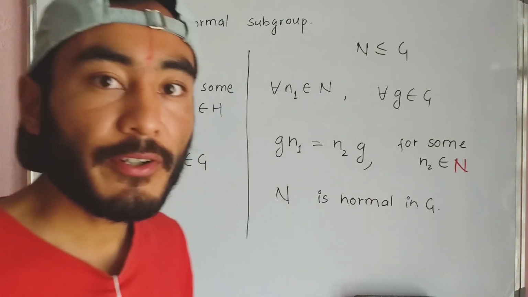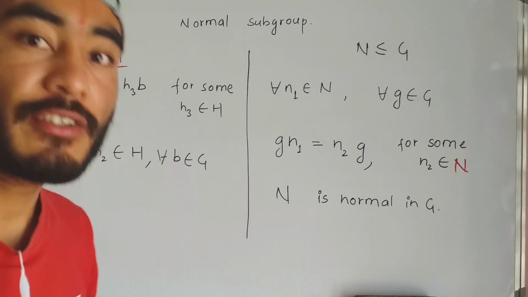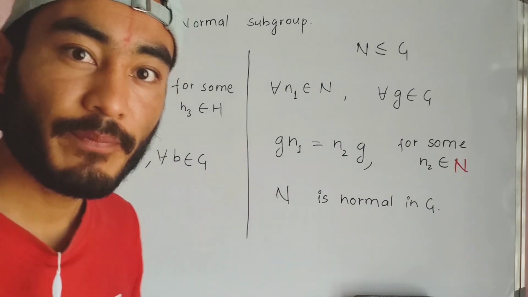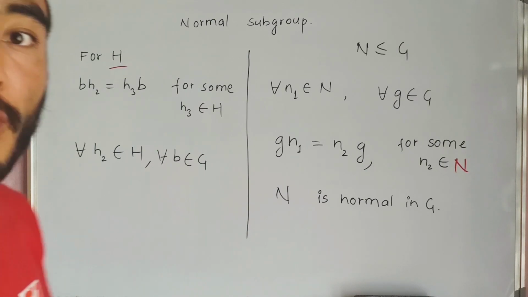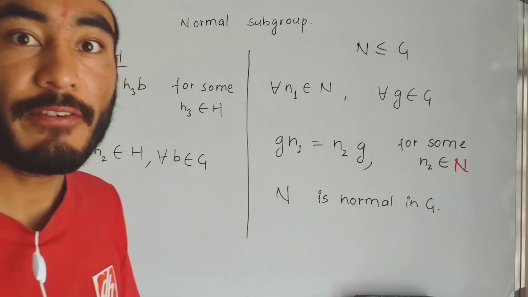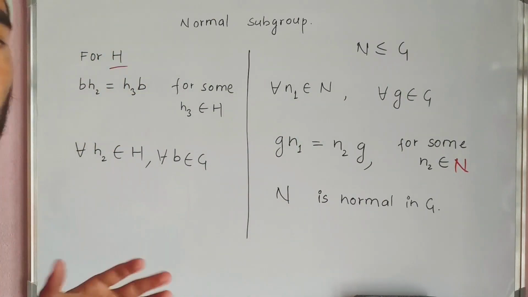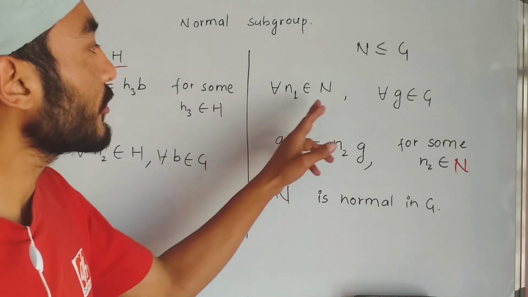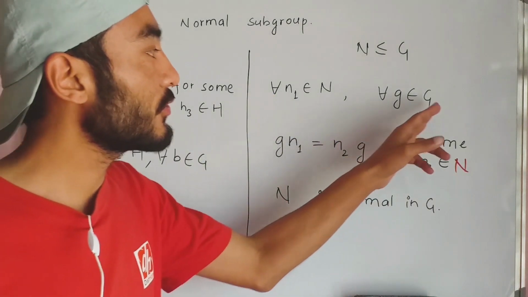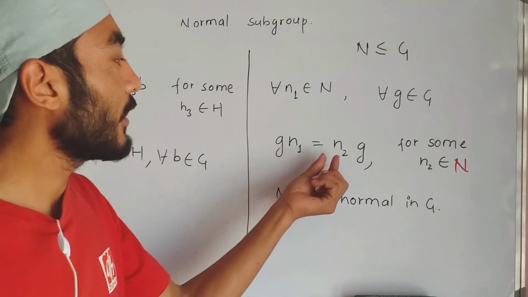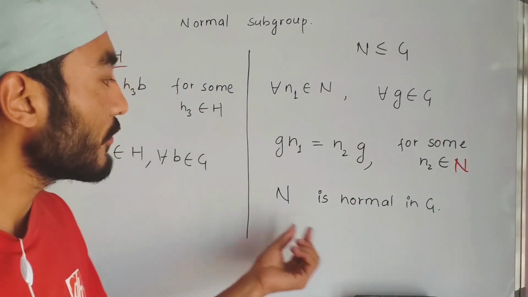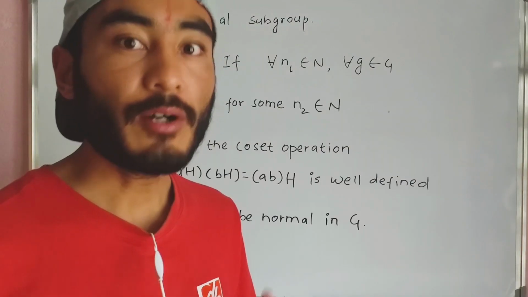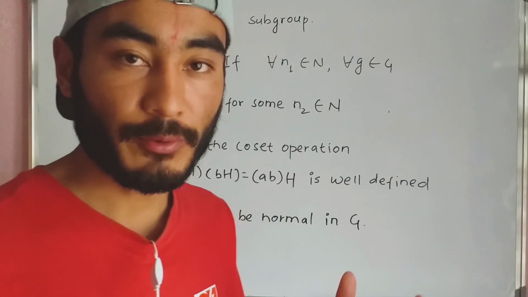So what property of H led to the well-definedness of the quotient operation of H? This property of H. For any subgroup N of G, if N obeys this property, that is, for all n1 belonging to N and for all g belonging to G, gn1 = n2g for some n2 in N, then N is said to be normal in G. Now we give a formal definition of normal subgroup.